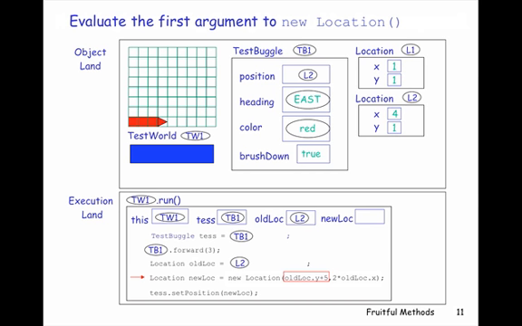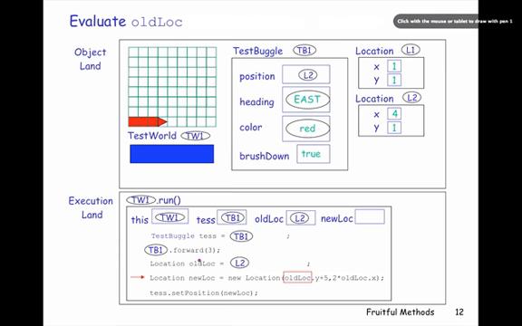First, we're going to evaluate the first argument to new Location. Well, that has parts. It has a subpart that's oldLoc.y, and to evaluate oldLoc.y, we have to evaluate oldLoc. Now, how do we find the value of oldLoc? Well, gosh, the whole reason we have variables in our execution model is so that when we come across a variable, we can just look it up inside our execution frame.